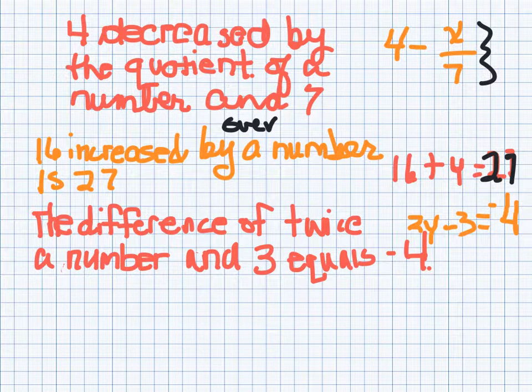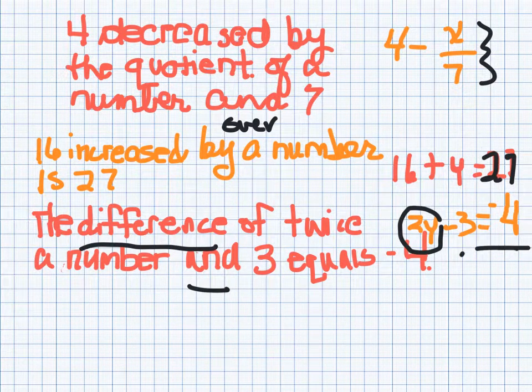And so here they use the word and to signify the difference of twice a number, so this is twice a number, and 3, but we're not adding there, it's the difference, which means it's subtraction. So it's 2y minus 3 equals 4.